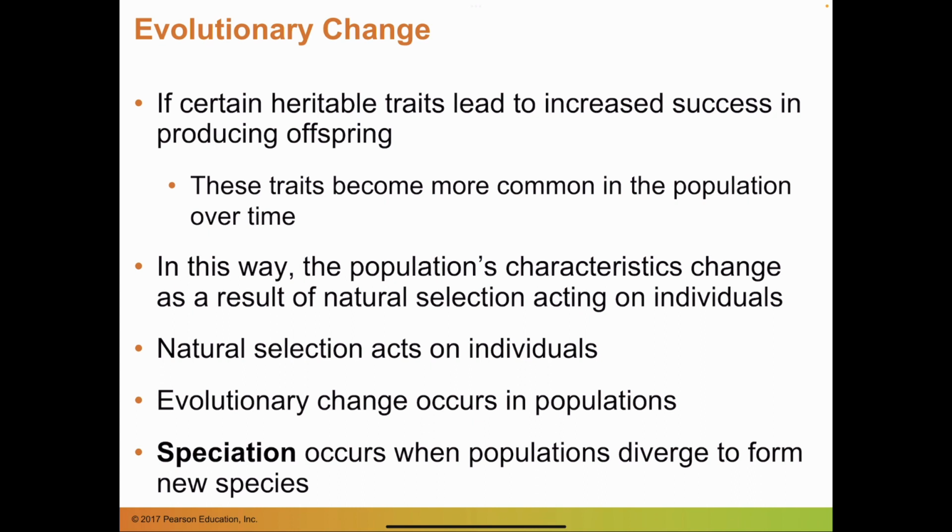And that natural selection actually acts on the individuals because, if an individual is born with very dark fur and one individual is born with very light fur, and let's say that they're living in a darker environment, the individual with the dark fur is going to survive and be able to pass it on. So nature selected for that individual to survive and pass on its trait to its offspring.